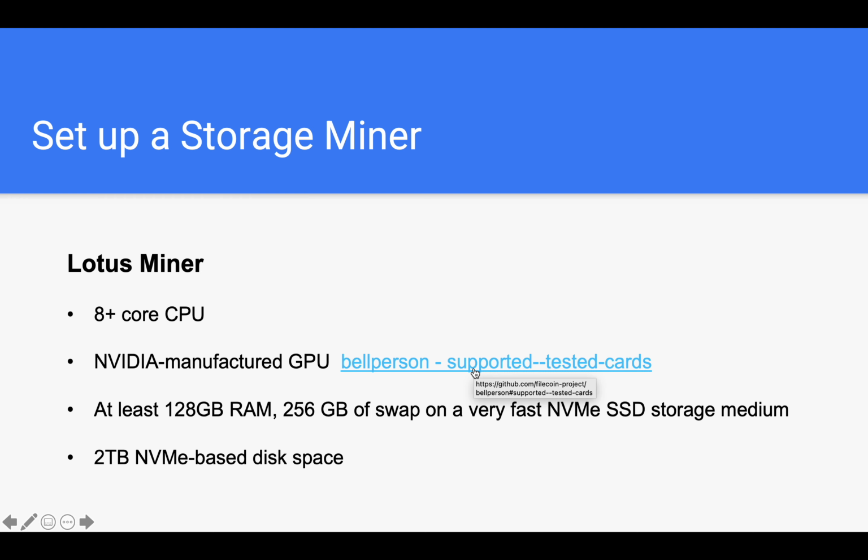With that, you also need 256 GB of swap on a very fast NVMe SSD storage medium. And finally, you need at least 2 TB disk space if you don't split the market node from your Lotus miner, because there will be deal files taking up a large amount of space when you receive storage deals from clients.